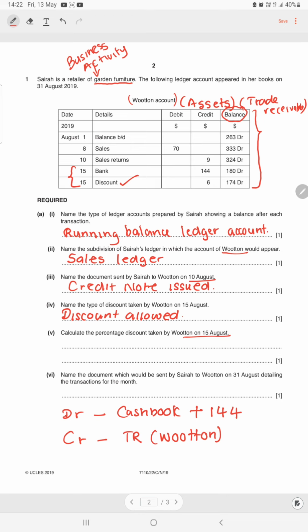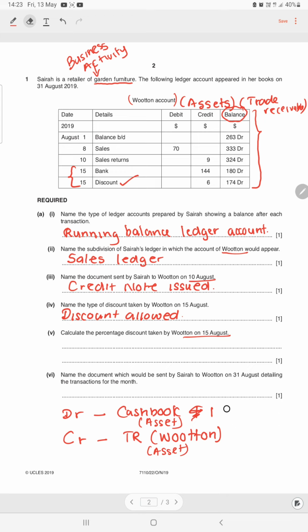Got it? So that has to be trade receivable Bhutan decreasing because it's an asset as well. These are both assets. Your cash balance increases because Bhutan paid you, so that's a debit, and you decrease Bhutan's account with a credit entry of 144. So this will increase assets, this will decrease assets. As you can see, that means the bank entry has to also be on the credit side.